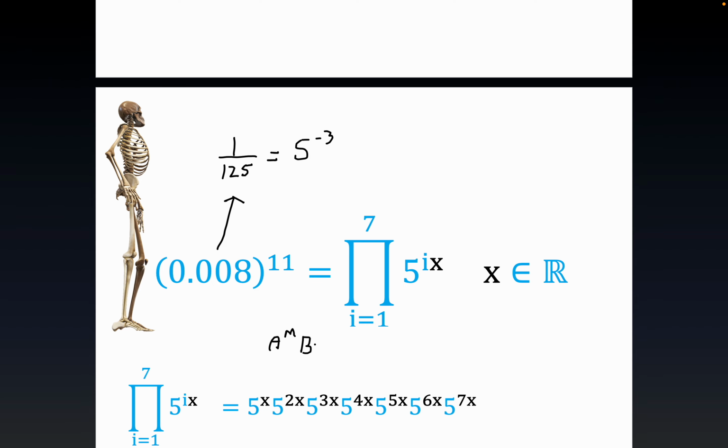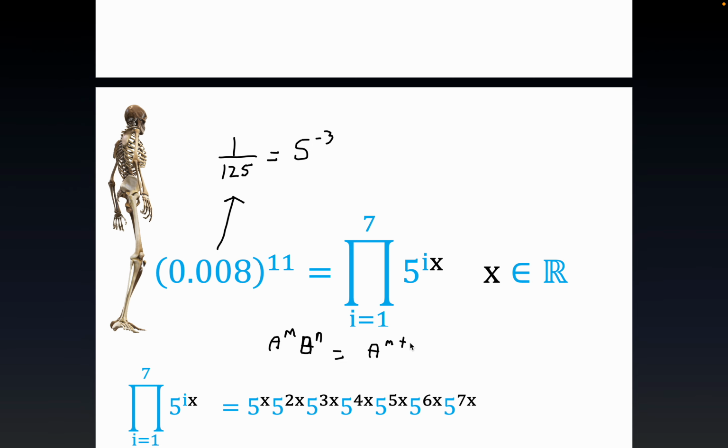One of the most simple rules, but people get it confused with the other one for some reason. You have m a's here and n a's right here, so this is equal to a to the m plus n.